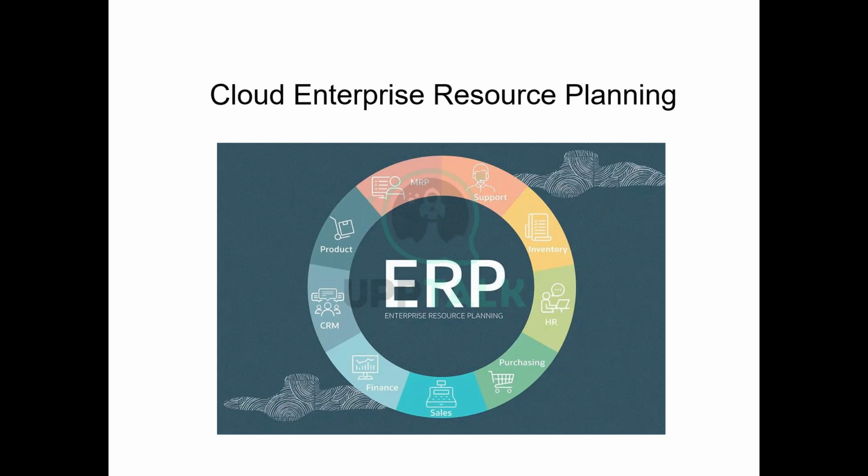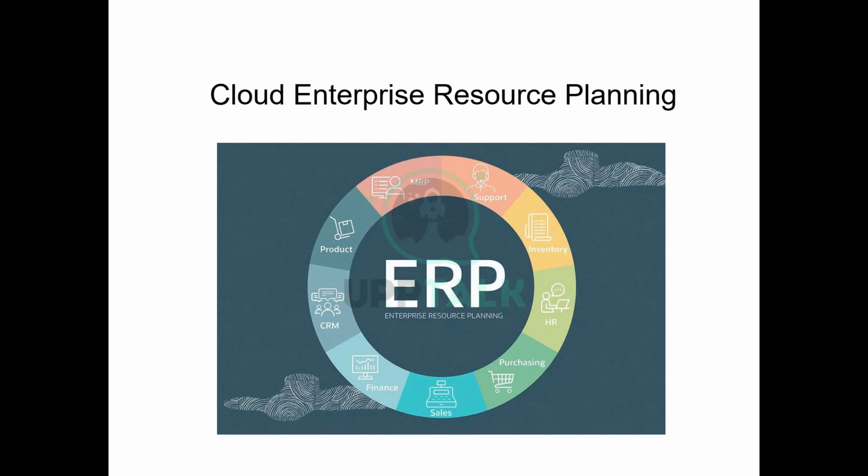These are what we call islands of information. If you have a finance module, it handles all the finance data. If purchasing is there, it handles purchasing. But these islands of information don't talk to each other.